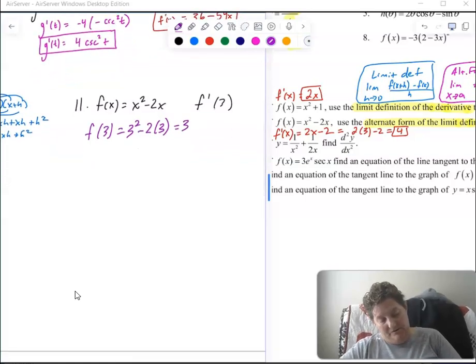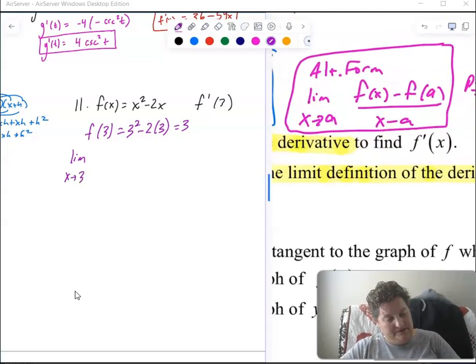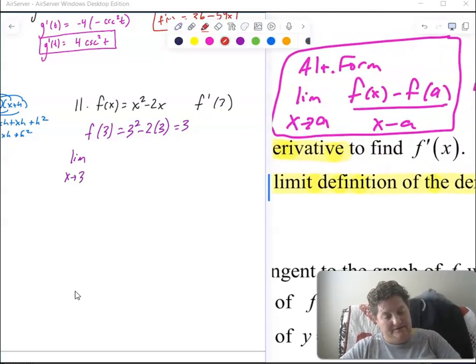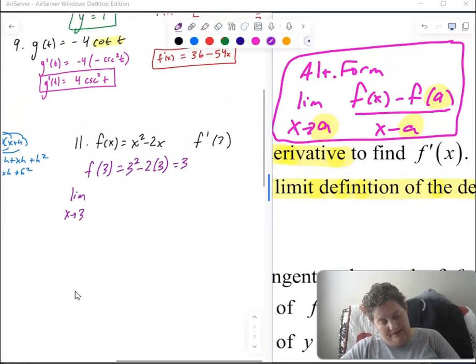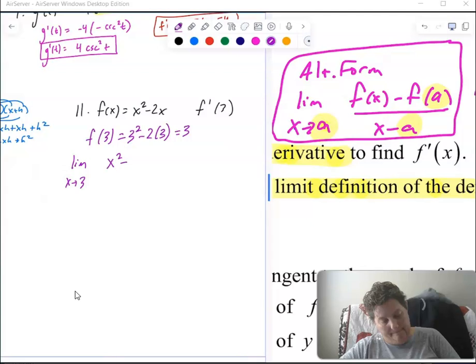Go like this. Limit as x approaches 3, because it's x approaches a, and in this case, a is 3. That's going to be f of x minus f of 3 over x minus 3.